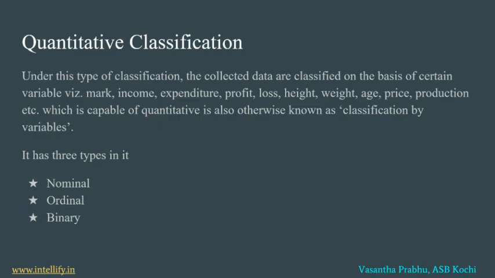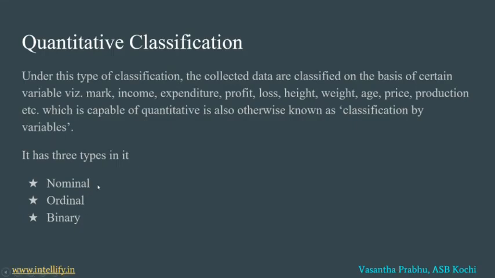Next, here we have 3 types in quantitative classification. First one is nominal. Nominal is variables with no inherent order or ranking sequence. Here there won't be any rankings. If it is a race, who comes first, second or third is a ranking sequence.